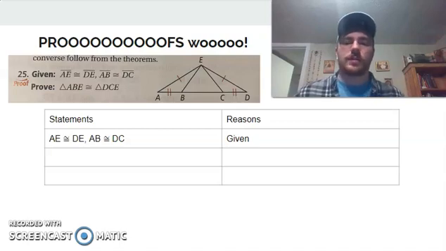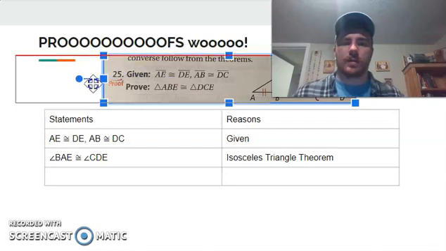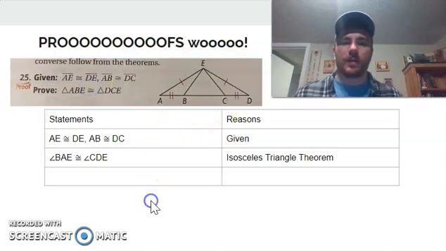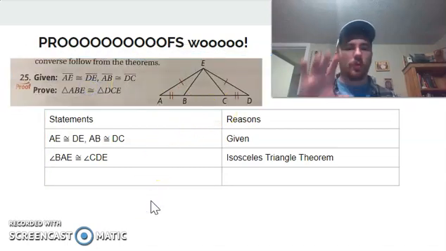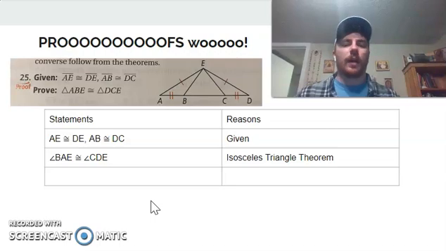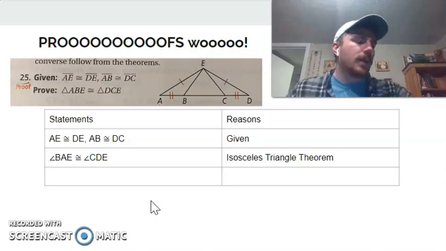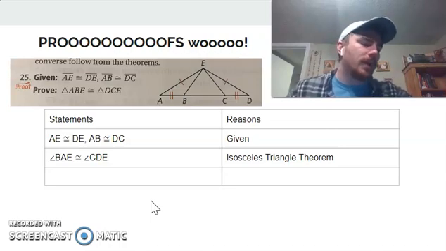So I can make this statement and reason that BAE, the super bottom left angle, and CDE, the super bottom right angle, are going to be congruent through the isosceles triangle theorem. I'll read that out one more time: if two sides of a triangle are congruent, then the angles opposite those sides are congruent.